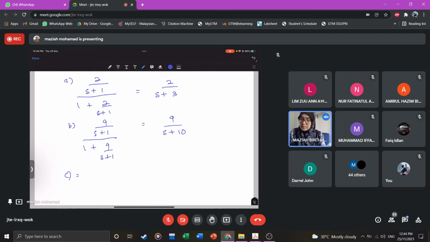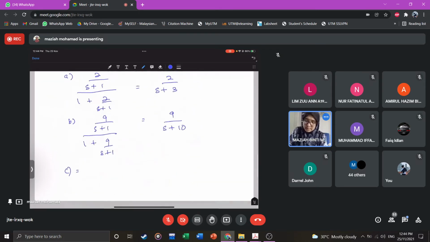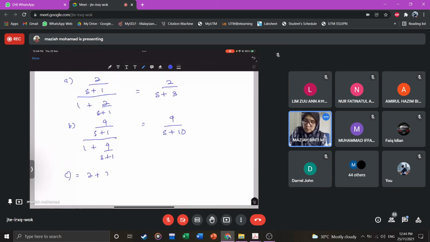the PI controller. 2 plus 2 over S multiplied by 1 over S plus 1, divided by 1 plus 2 plus 2 over S, K and G is 1 over S plus 1.